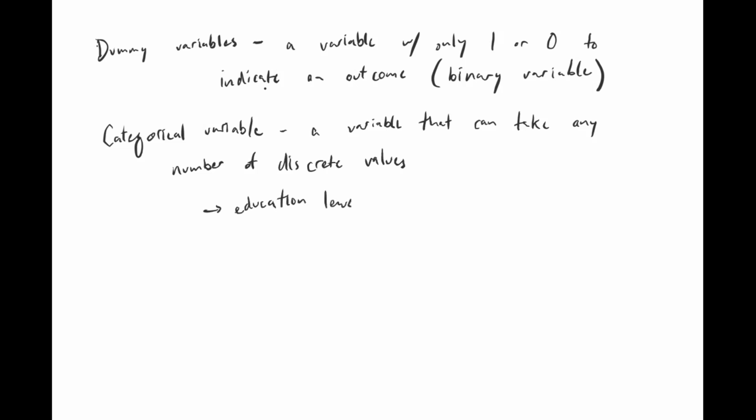Where I was giving my example before about whether or not you have a college degree, you could now have no high school diploma, college degree, postgraduate degree. So the categorical variable can take on more than just two values. Another example might be political party. You could be Republican or Democrat or Green Party or independent, right? And so many levels.